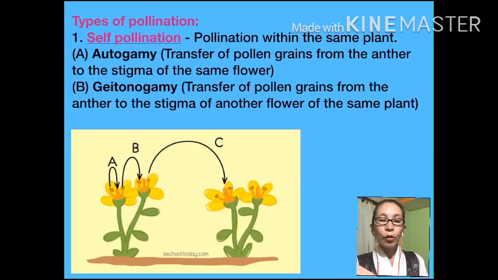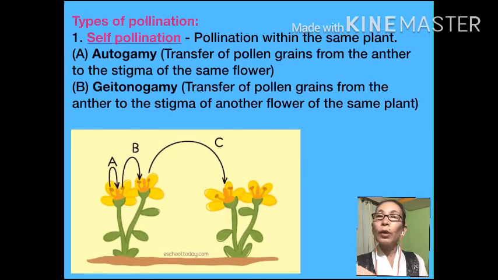If the pollens are transferred on the stigma of the same flower, such self-pollination is autogamy. On the other hand, when pollens from one flower are transferred to the stigma of another flower of the same plant, it is then referred to as Geitonogamy.